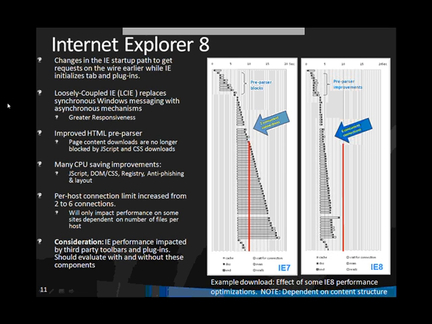Some of the other things that we've done here as well, and again this is very much dependent upon the content types. Those who run data centers, I know how you're going to feel about this, but IE used to have 2 concurrent connections to the host to pull down the content earlier. That limit has been bumped up if you're running on a fast network.